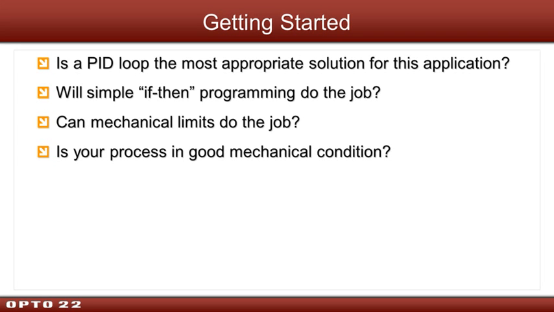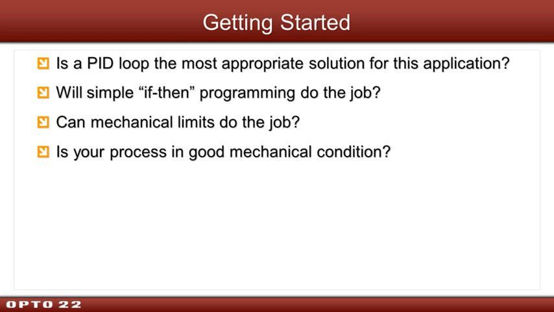If the tank is full, shut off the valve. There's no need for a PID necessarily if it's a digital valve. Can a mechanical device do the job? Again, sticking with our tank idea, can you use a ball valve on a float? As the float comes up, it turns off the flow. As the tank level drops, the float will drop and start to open the valve.